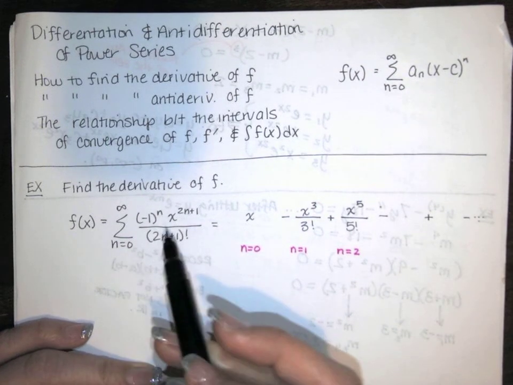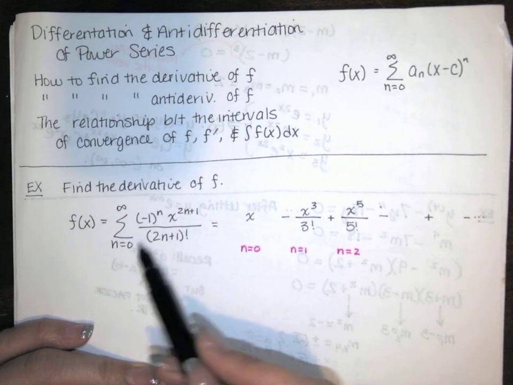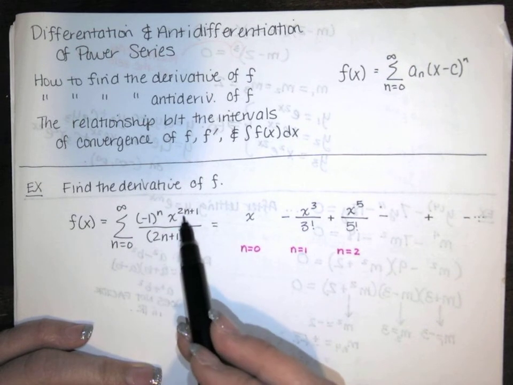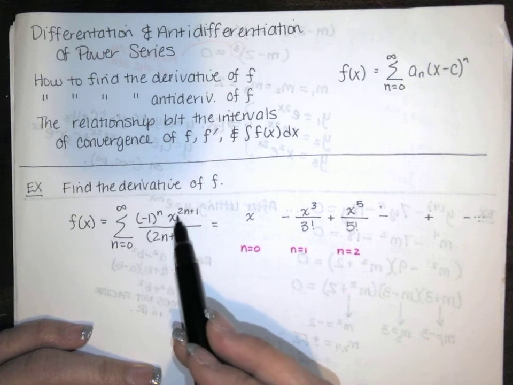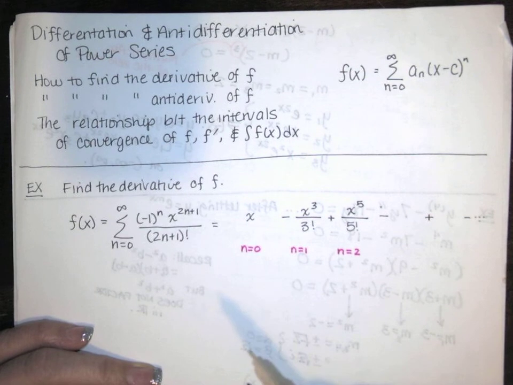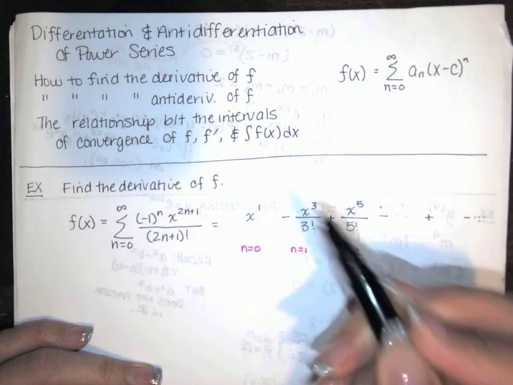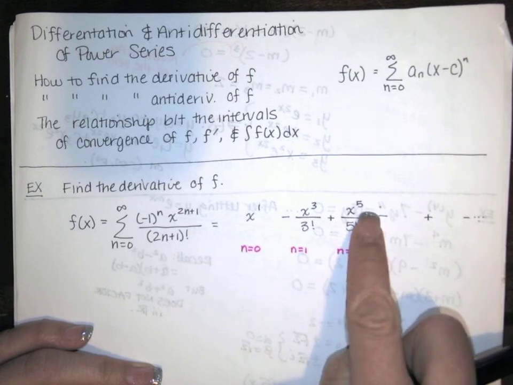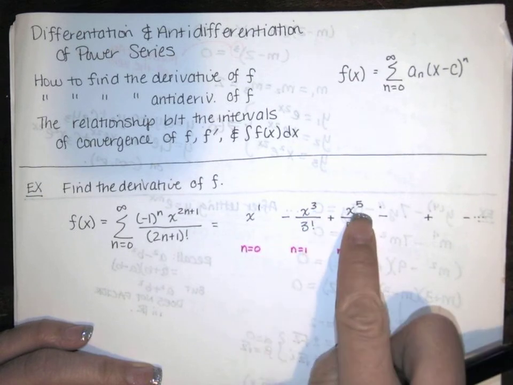And notice also that no matter what n is, 2n plus 1 is an odd number. If n is an integer and I double it, it's going to be an even number. And then if I take an even number and I add 1 to it, it's going to be an odd number. So we see when n equals 0, we got 1. When n equals 1, we got 3. When n equals 2, we get 5. So it's 1, 3, 5. The next one's going to be 7.